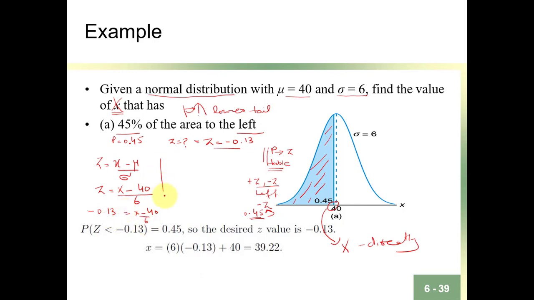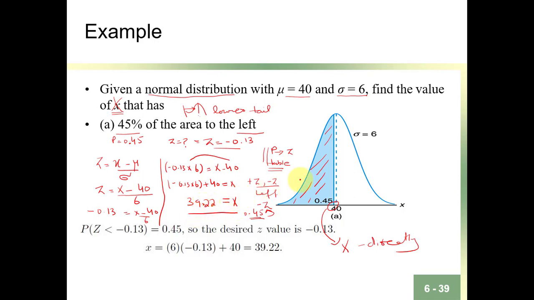So minus 0.13 multiplied by 6 is equal to x minus 40. Take this 40 to the other hand side. So we will get minus 0.13 multiplied by 6 plus 40 is equal to x. Using the calculator, we got x is equal to 39.22.